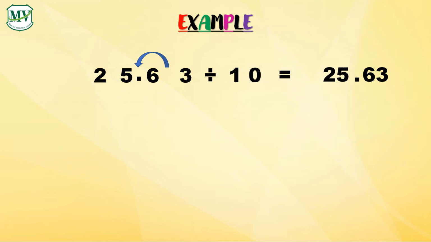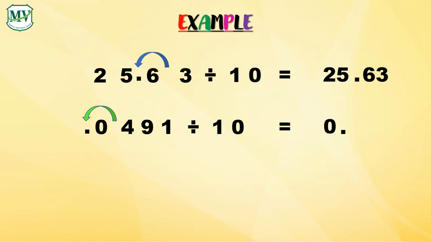Let's try a few more examples. 491 thousandths divided by 10. Move the decimal point one place to the left. The answer will be 491 10,000ths.